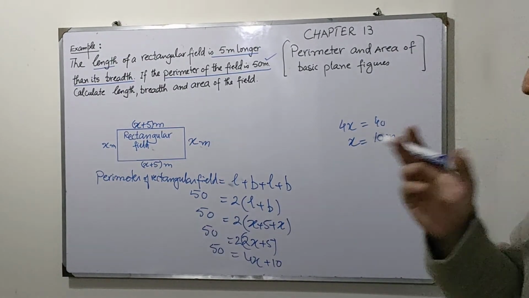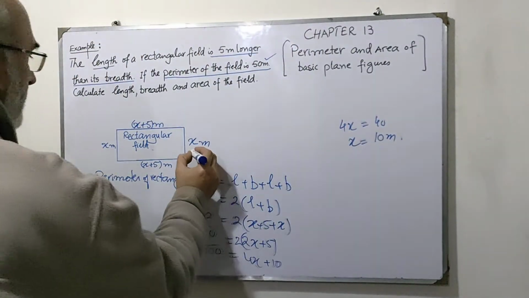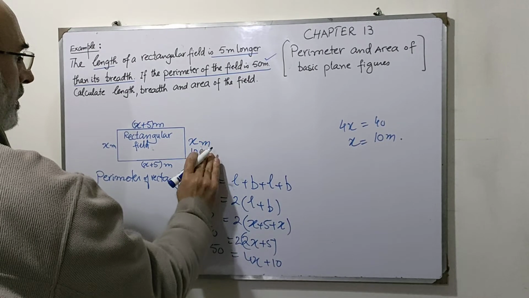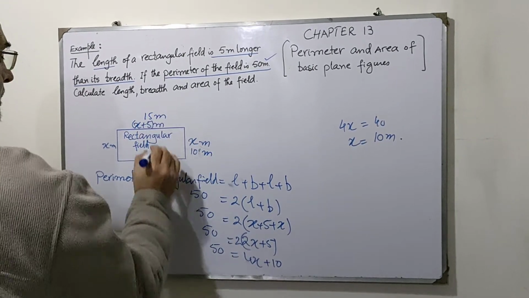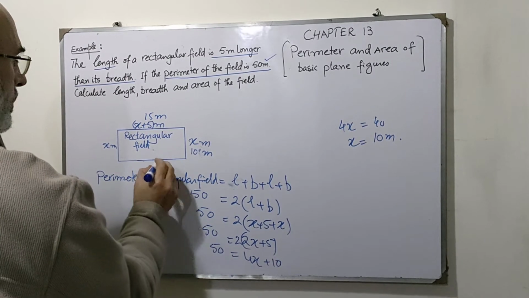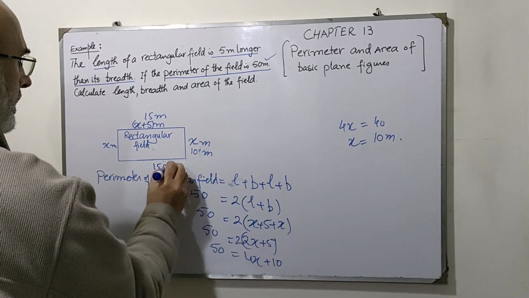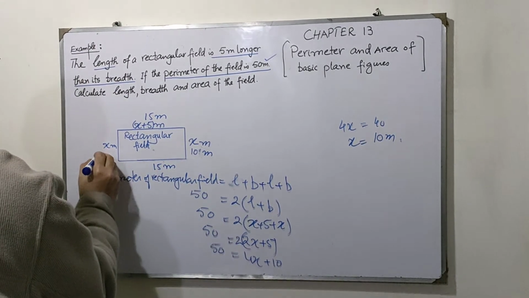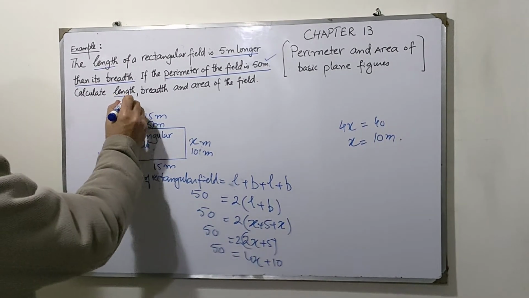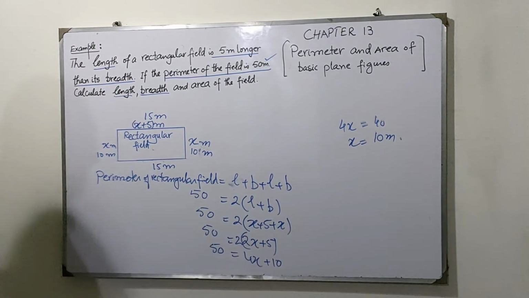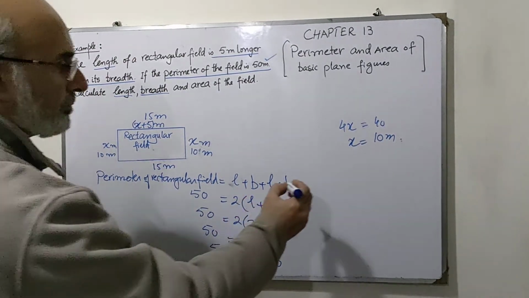So if x is 10, this is 10, this is 15 meters, this is also 15 meters, and this is 10 meters. Now we have length, we have breadth. Now coming to the area.